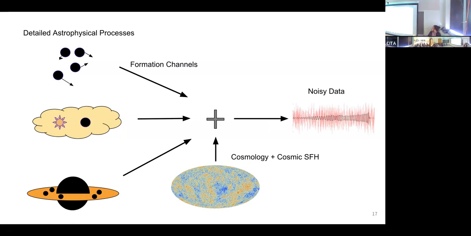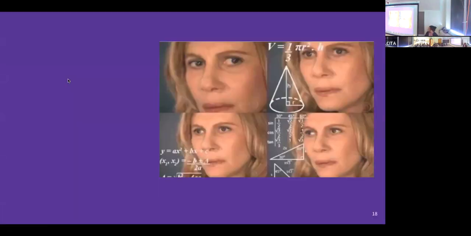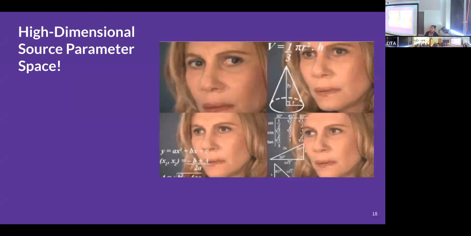And our problem is that we need to go back and try to do the inference on what all of these astrophysical processes were. And this is really, really difficult, okay? Why? Firstly, there's a very high dimensional source parameter space. Each one of those different channels or processes I showed you before has multiple tunable parameters in it, on top of which I can have a mixture of all of those different processes with different fractions, which each is its own free parameter.